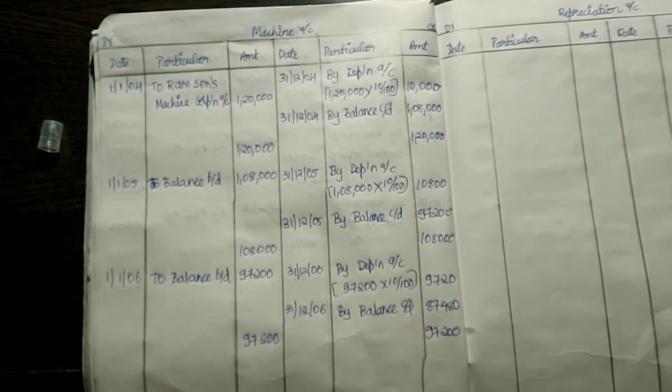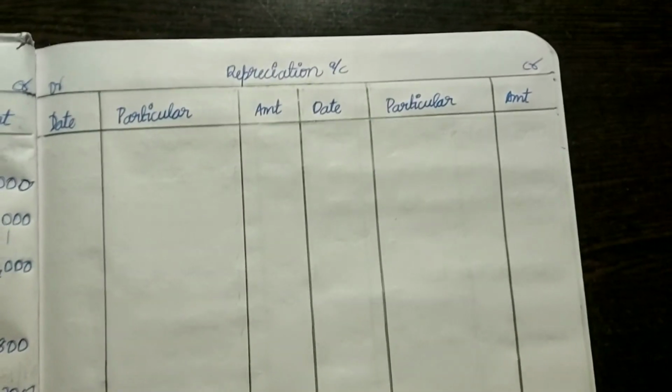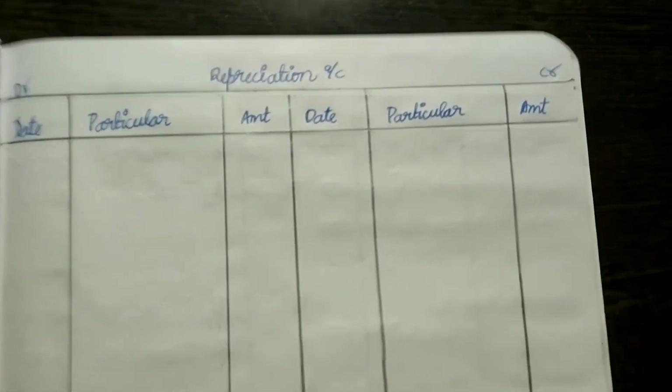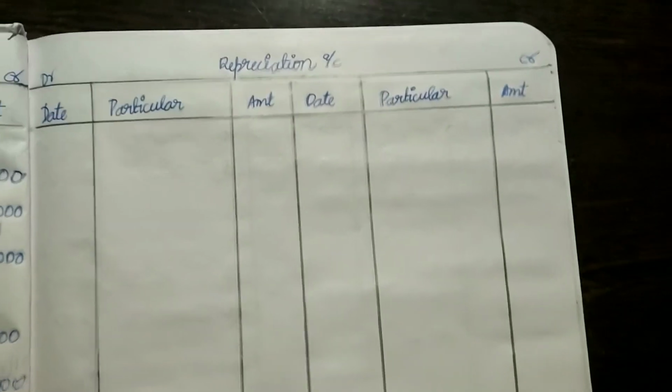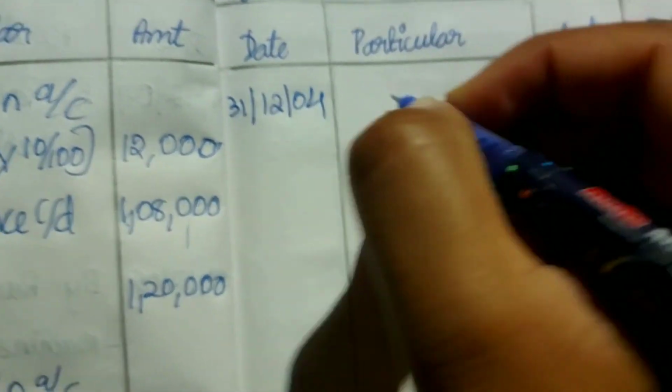Next we'll do the depreciation account, and it's the last account. So this is the depreciation account and the last account you have to prepare in this. So let's start from the first year: at the ending of the year you will depreciate.